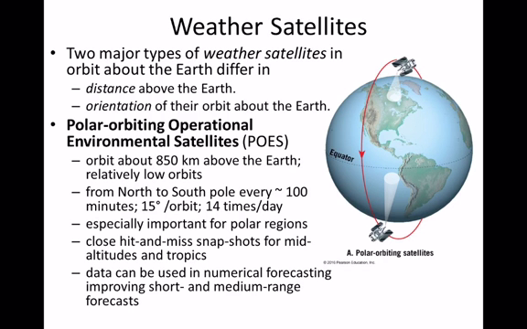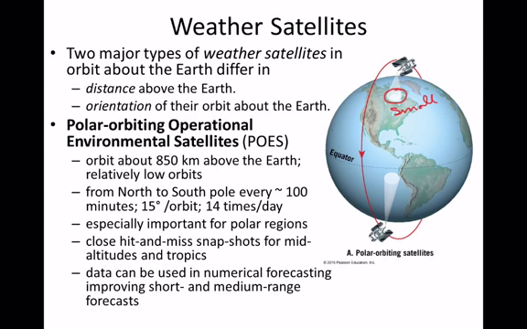If you're familiar with the Hubble Space Telescope, it orbits the Earth the same way. Because of the physics and momentum, in order to stay in a stable orbit, these can be relatively low. But because they're low, notice that the area they see during a pass is relatively small.